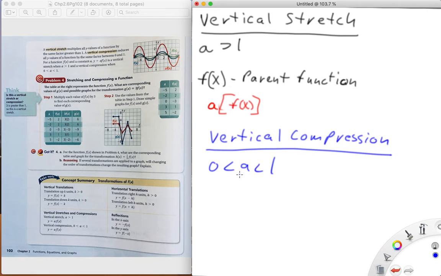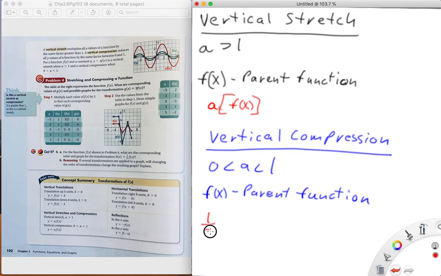We can think of it as 1 over a for a fraction. So if our parent function is f of x, then our vertical compression would be 1 over a times f of x.